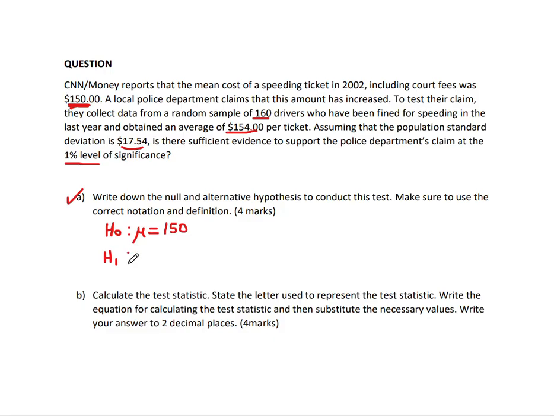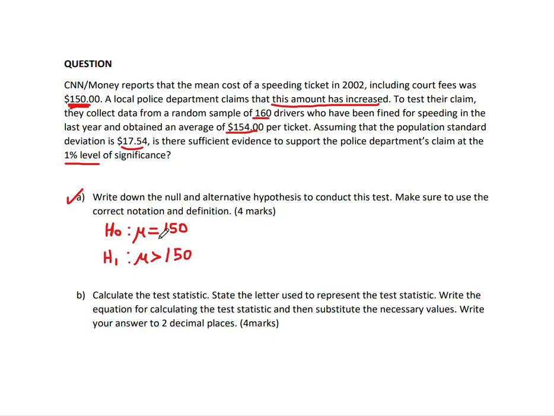Then we get to the alternative hypothesis, H1 or HA, which we are asked to state as well. Since the challenge that is being put to this old condition, that mu, the mean for the population, is equal to 150, is that the amount has increased, it will be a one-tail test, specifically a right-tail test. So the alternate hypothesis will be mu greater than 150.